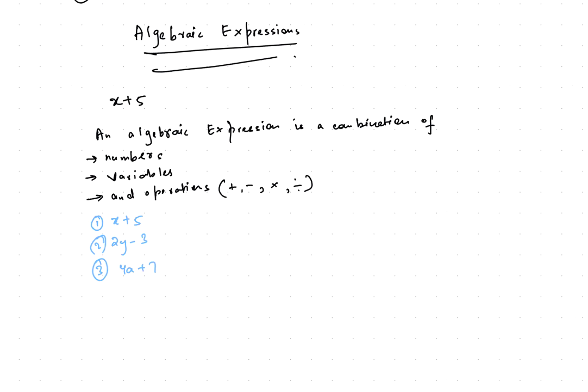So 2x plus 5. Now we will figure out here, if I write down 2x plus 5, we have to see what the coefficient, variable and constant are. If I talk about the coefficient of the variable x, it means the number that is attached to it.